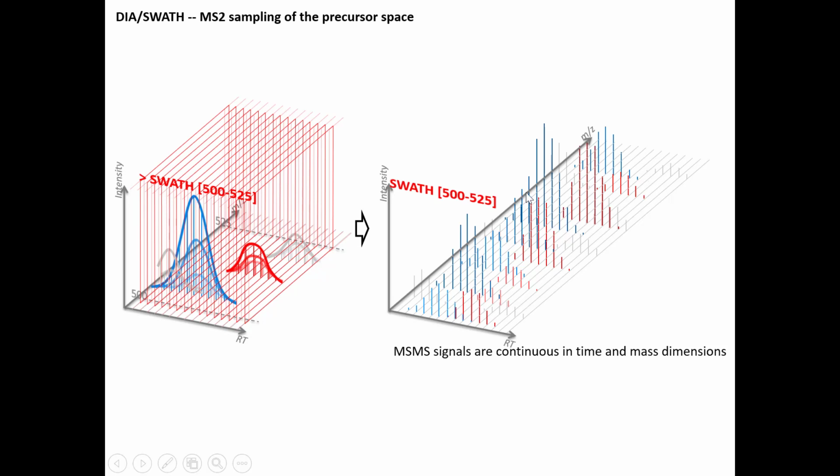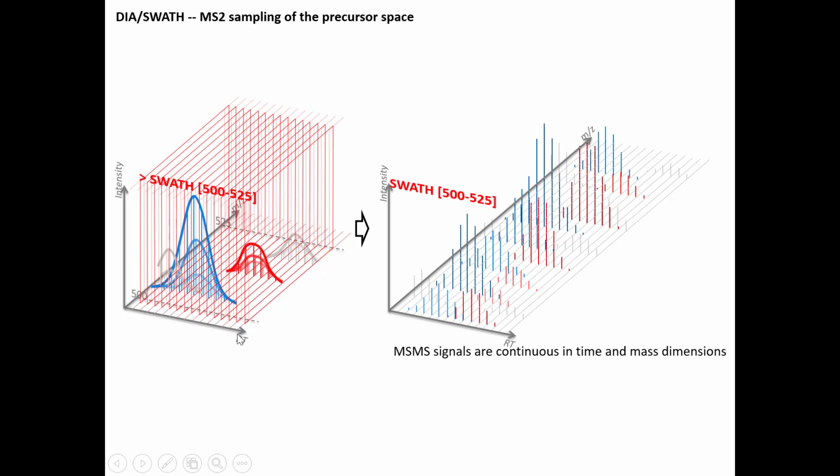effectively together, right? So what you get is MS2 scans, which are very highly complex and contain fragment ions from all of these four peptides, which are in the precursor isolation window. So you get a kind of a zoo of data here, but the one interesting feature is that the MS signals, or the sampling of the precursor space, is continuous in the mass dimension and in the retention time dimension.